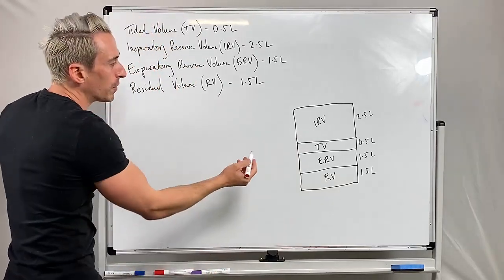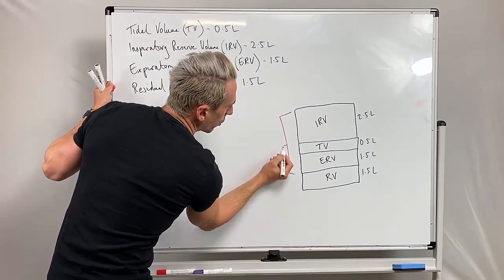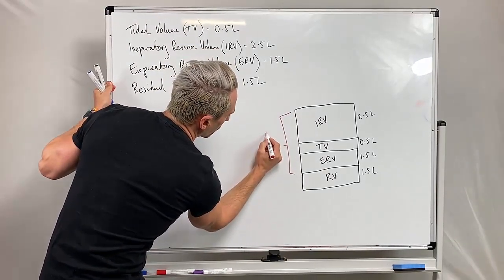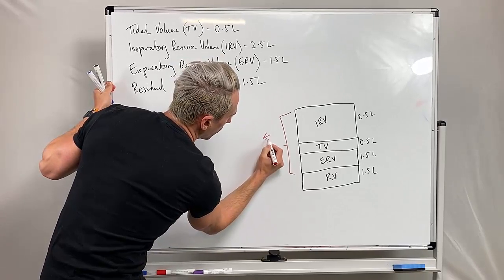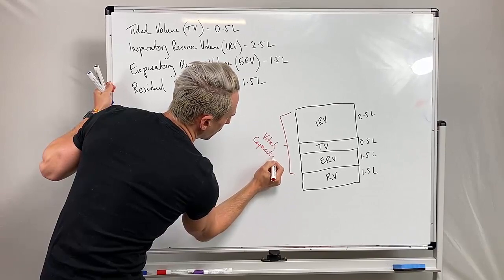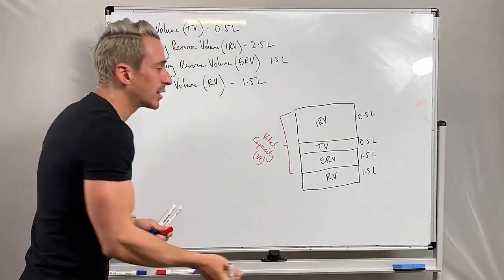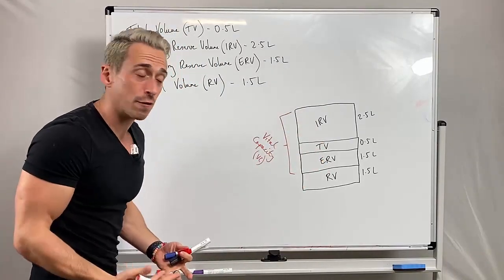This is what we call our vital capacity. Our VC, our vital capacity, because it's what's required for life.